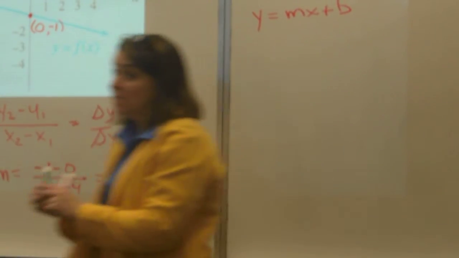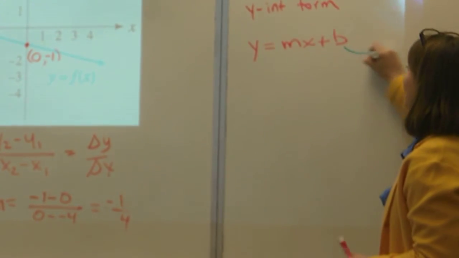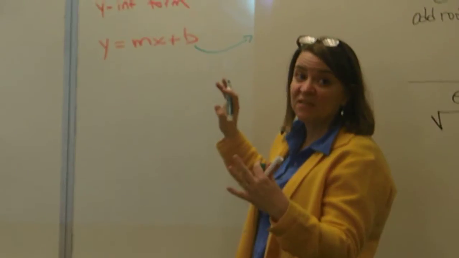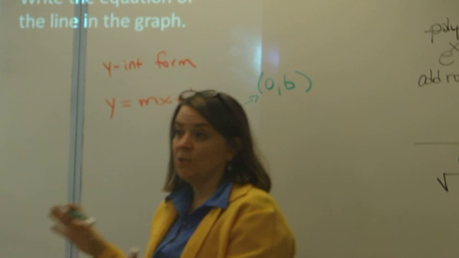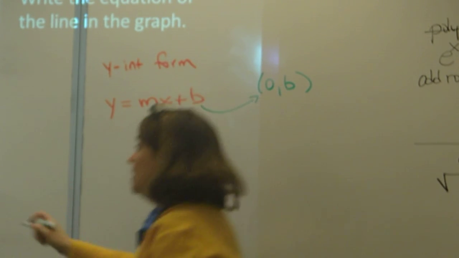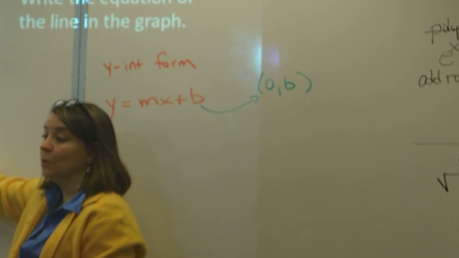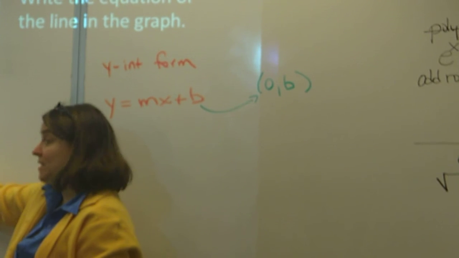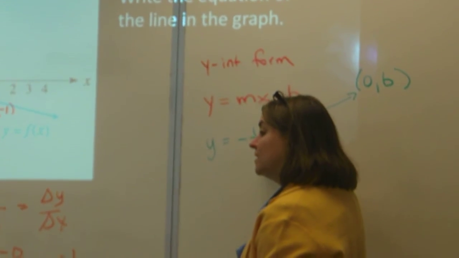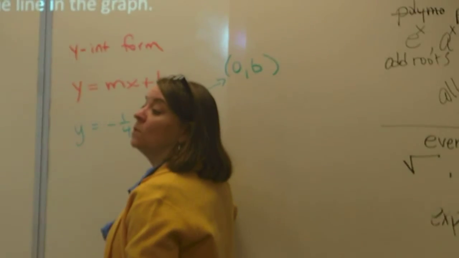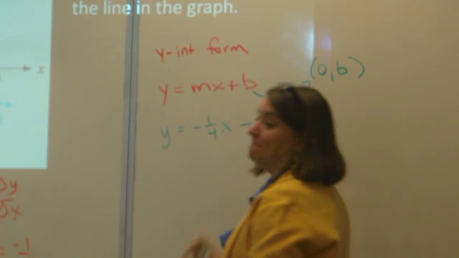I want to emphasize something here. That number b is very specific. It always refers to the y-intercept (0, b), and so we have to label b as negative 1 in this case. So, final answer, y equals negative 1/4 x minus 1.